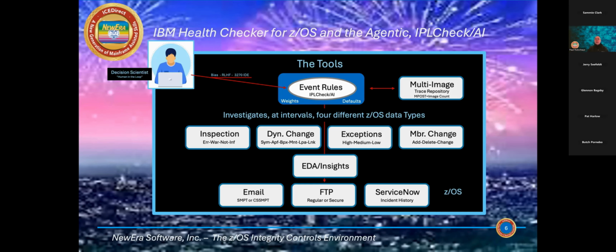Of course, across all of those at any point in time, all of their results, inspection results, dynamic change results, exceptions from the IBM Health Checker, or member changes can be analyzed in the form of a dashboard.